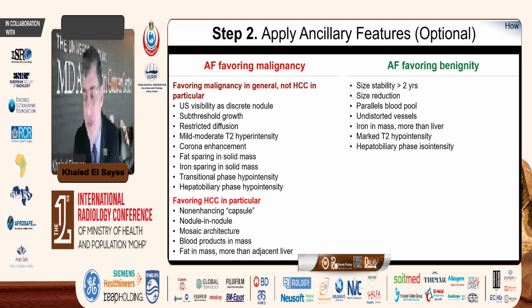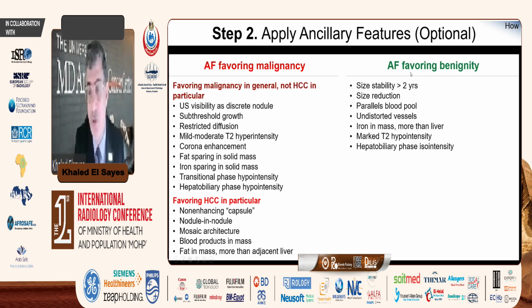Blood products in a mass, fat sparing in a mass, or iron sparing in a mass means that this mass has a different nature than the surrounding normal liver, or normal hepatocytes, because the cells of this tumor have been spared of this infiltration.